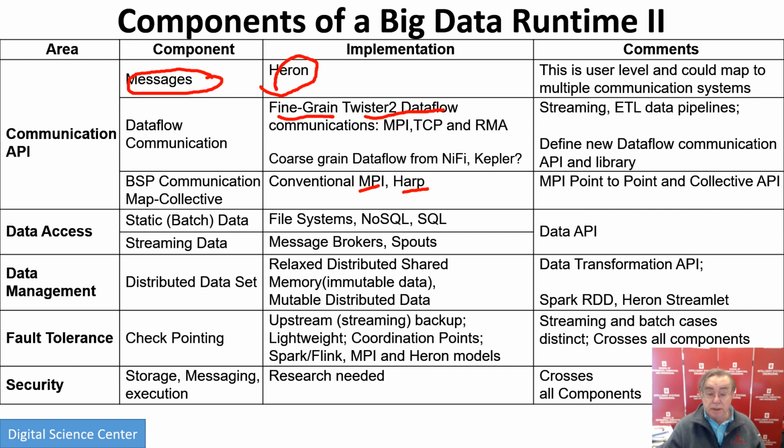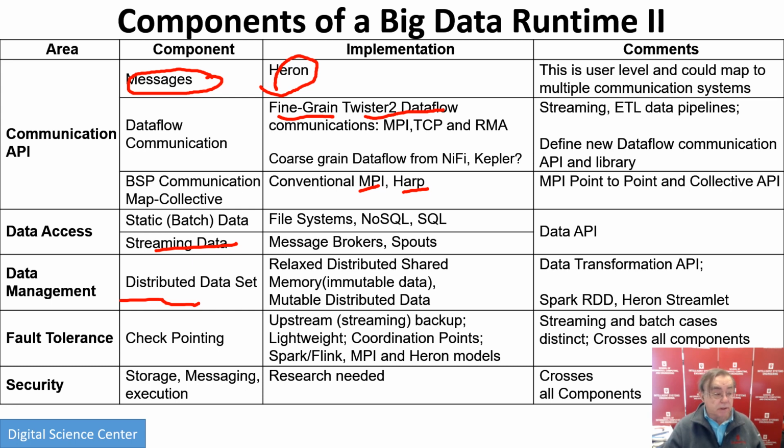Data. Well, we better know what data system we're using: NoSQL, SQL, object stores, file systems, what have you. Then we also have to have streaming data. That's batch data, there are many choices. Streaming data gives us other choices. Data management: we have to worry about data being immutable.